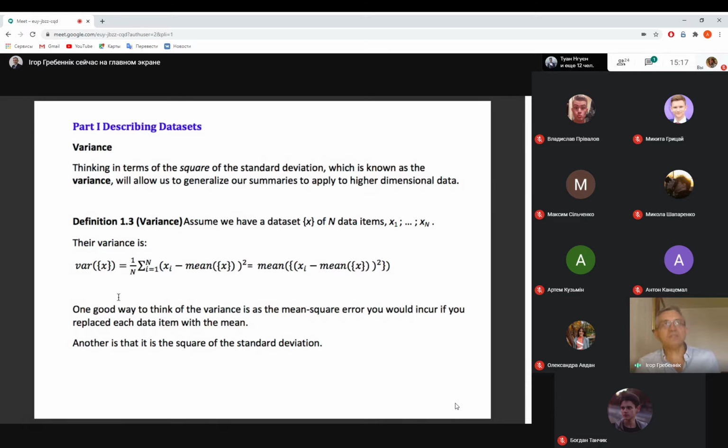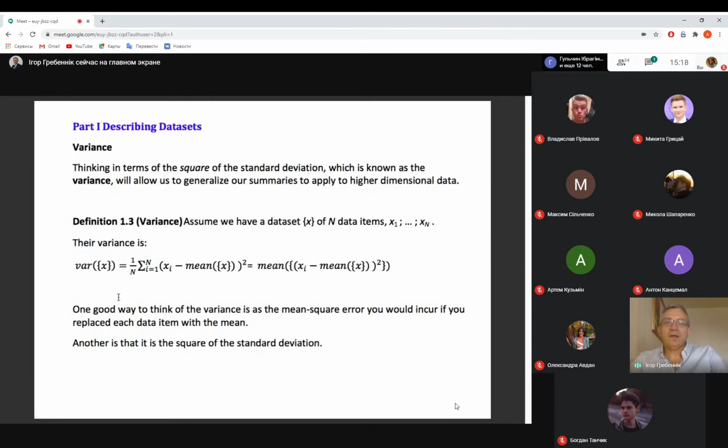The third characteristic, a very important, very applicable characteristic of one-dimensional data, and not only one-dimensional, but about more dimensions we will tell in the future lectures.